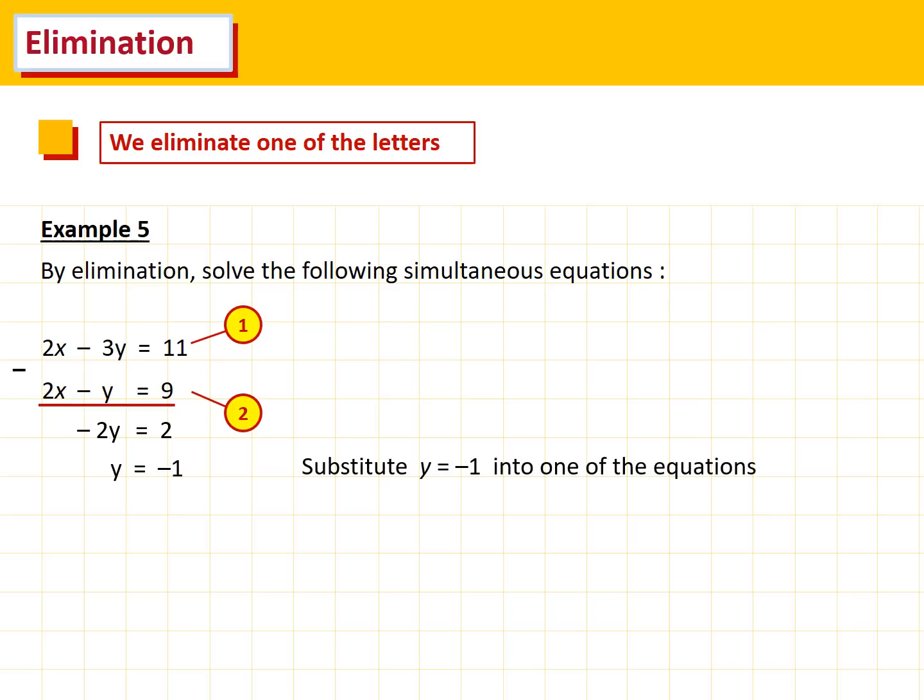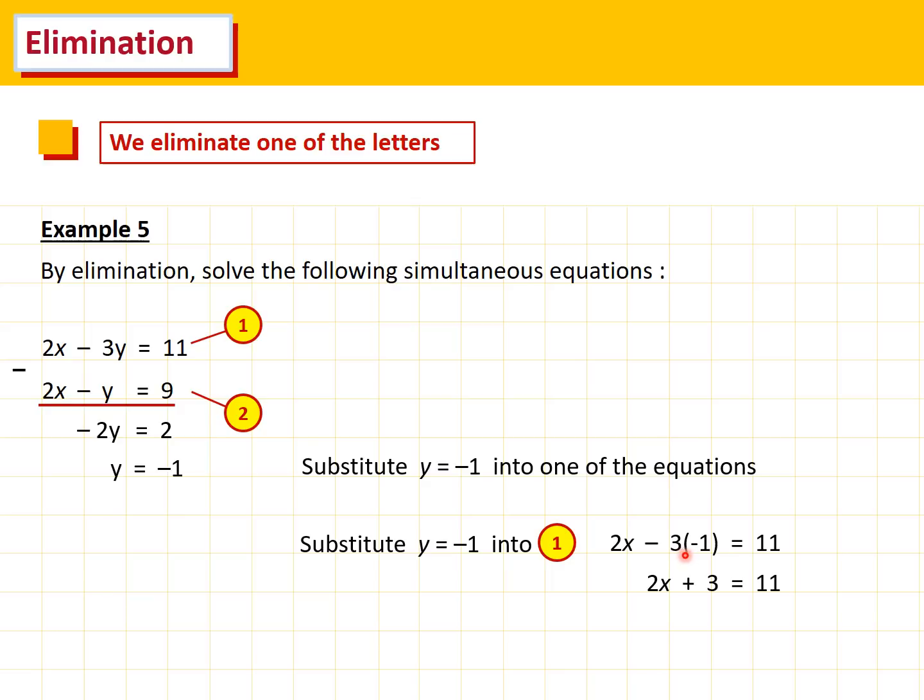What's the x value? Substitute it into one of the equations. And if we substitute it into equation 1, we get 2x, subtract 3 lots of negative 1. So that's 2x plus 3. Why is it plus 3?